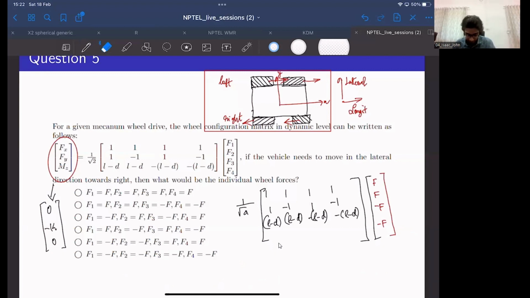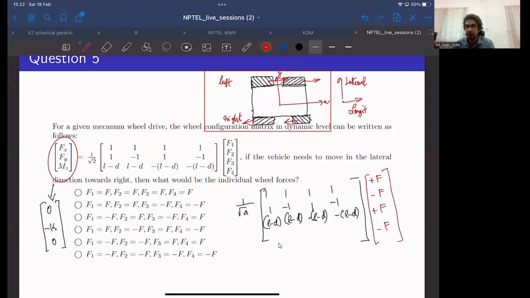It says plus F minus F plus F minus F. We'll see if this is the correct answer.